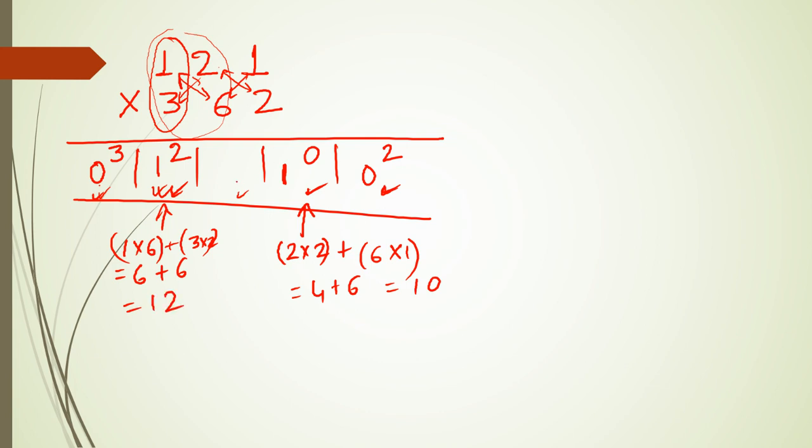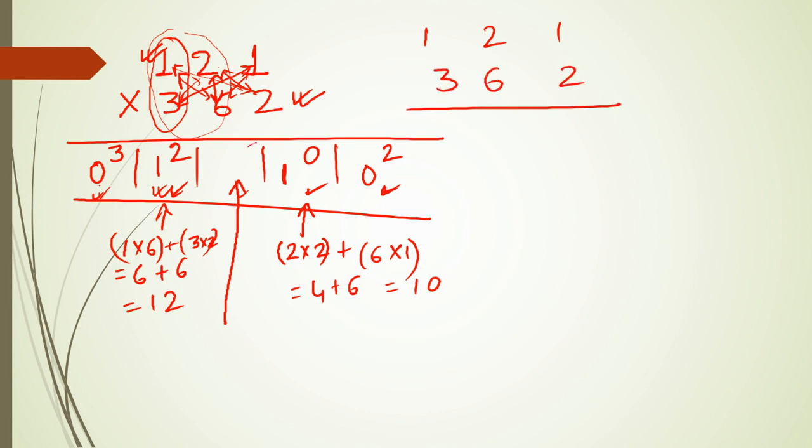What will we do for this term? I already said we have to multiply 1 times 2, the last two numbers, and 3 times 1, and then 2 times 6. I want to show you clearly how to fill up this compartment.